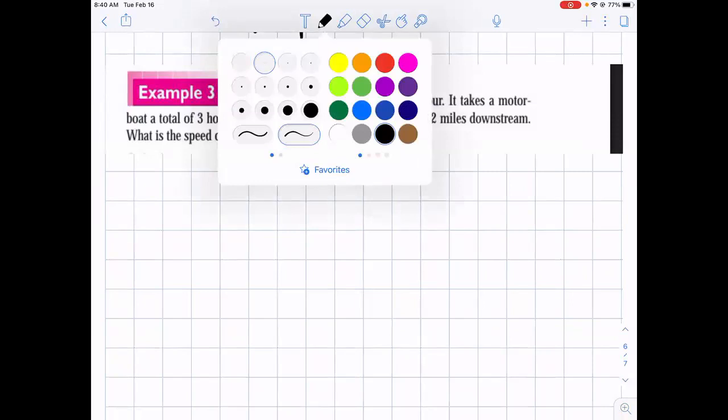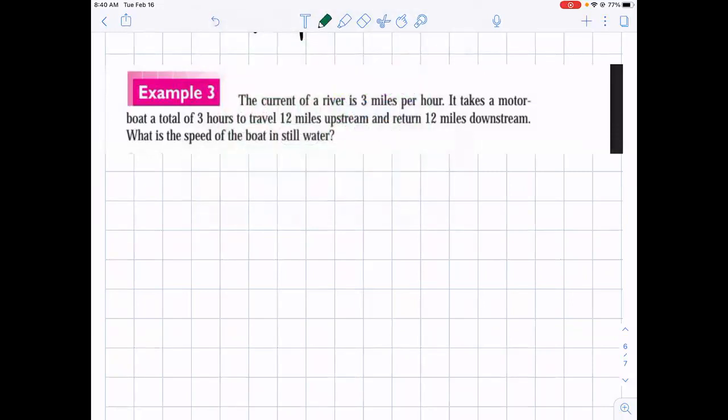We can draw a little sketch here if we have a little river. So let's say that's my stream, and I have 2 boats. So let's say one boat is somewhere here.